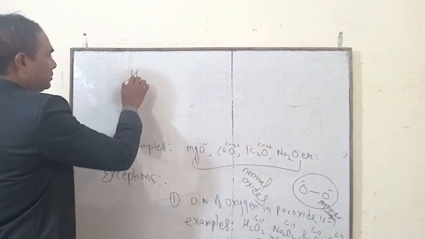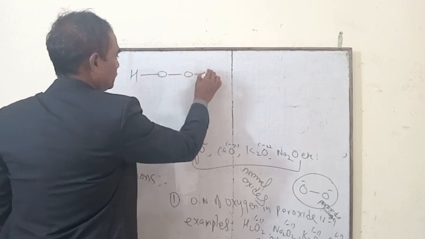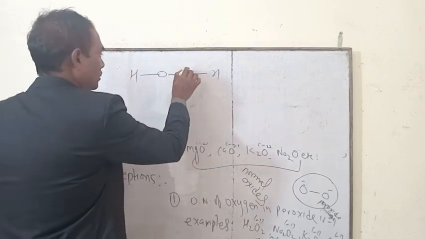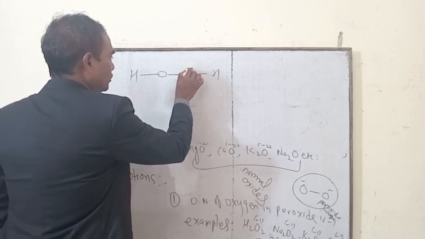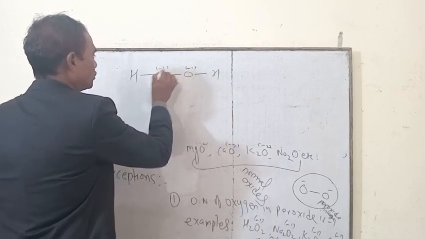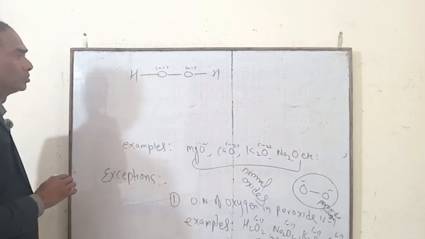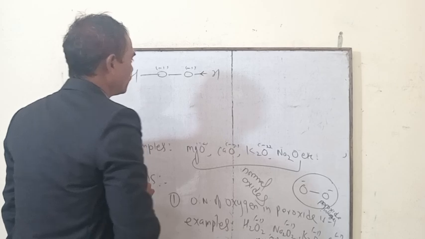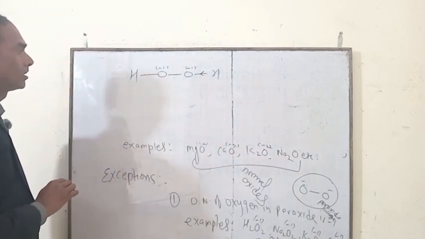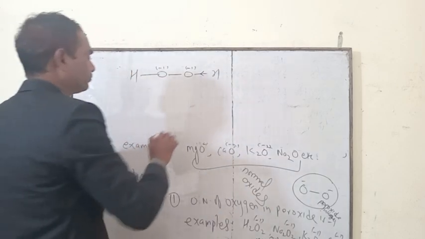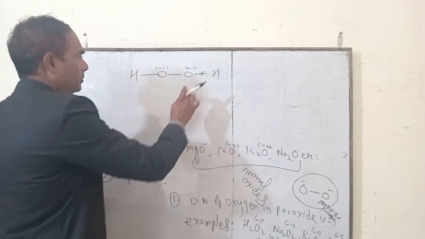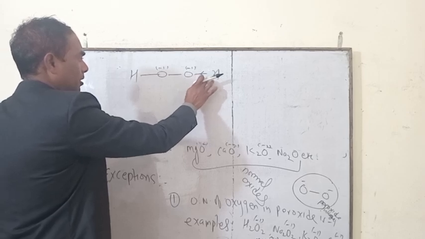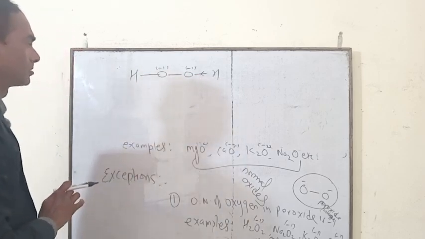Hydrogen peroxide, HOH: oxidation number of oxygen is -1. This is due to the attraction of bonding electrons toward the oxygen, because oxygen is more electronegative than hydrogen. This shared pair of electrons is more attracted toward oxygen.